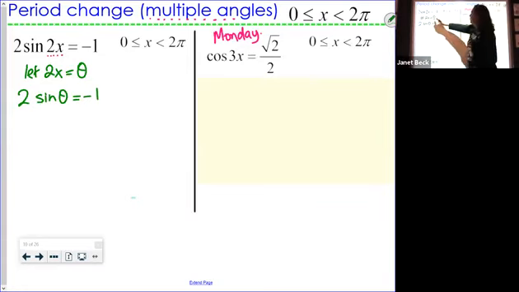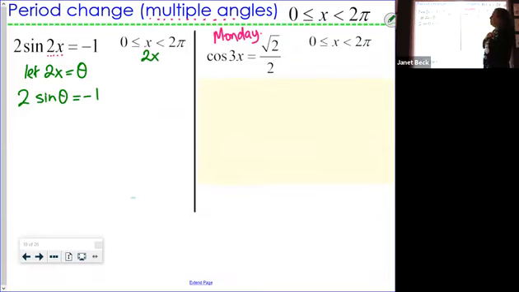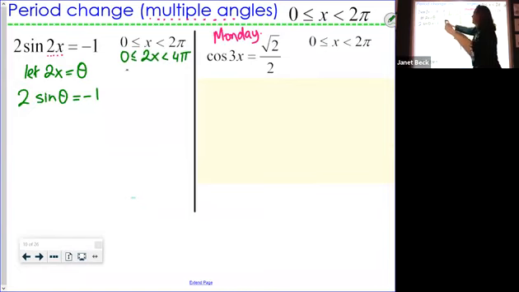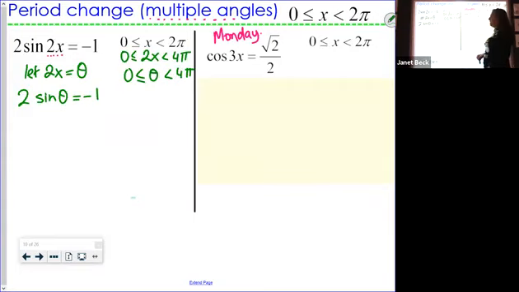This is important. We're looking for 2x. We want 2x there, not 1x. So we're going to have to change what's written there. We're multiplying everything by 2. And we've just said 2x can be replaced with theta. Think about what this means.